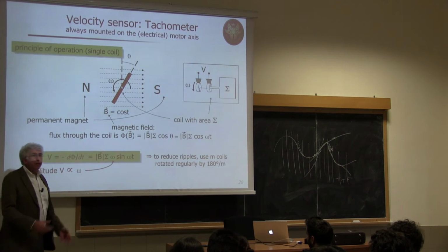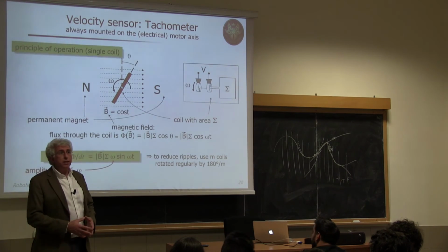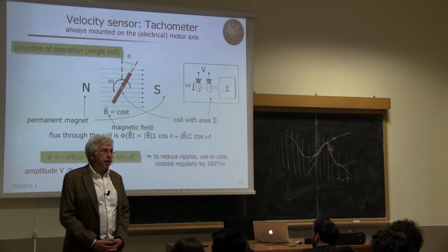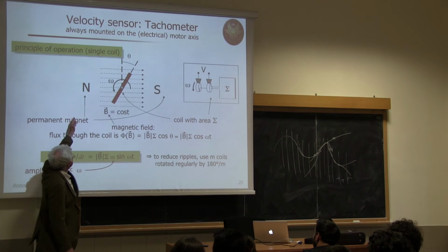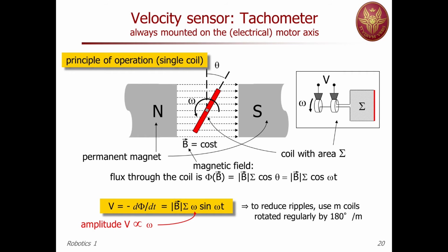You're using some coupling between electrical phenomena and magnetic phenomena. So here you have a permanent magnet and you have a rotating spire, a coil, which has some area, sigma, and this rotates at the speed of the motor, so omega, which is the quantity that you would like to measure. So this is solidal to the motor.